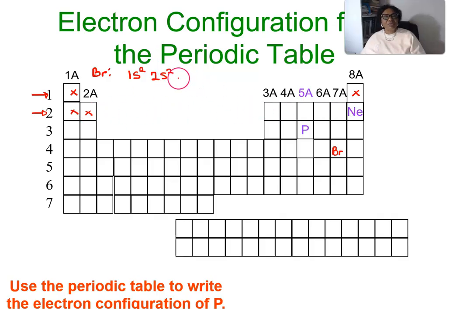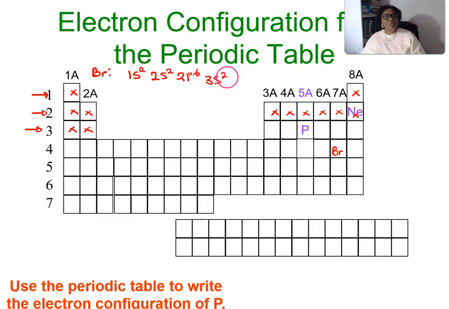So we are not done. So we go to 2p block, you see. So we want to count the number of electrons. 1, 2, 3, 4, 5, 6. So we'll put 6. The next we want to look at, we are going to period 3. So it's 3s block. How many electrons? 1, 2.